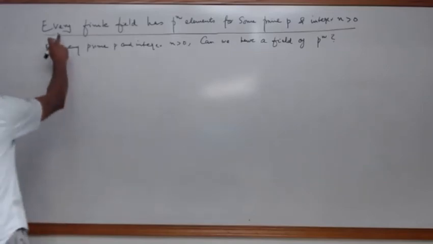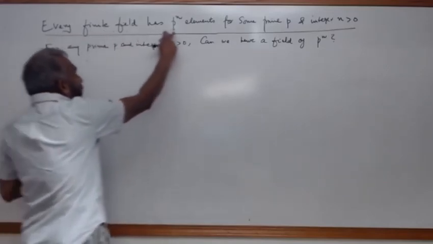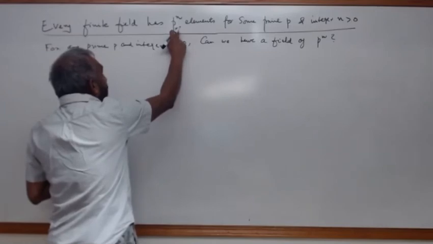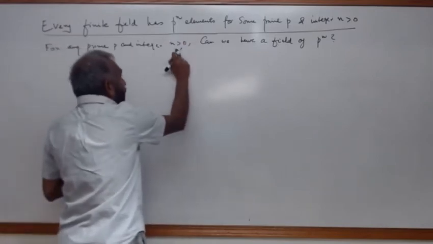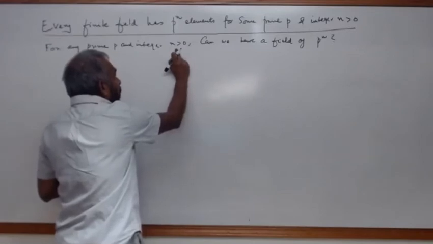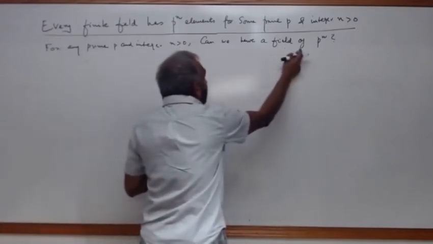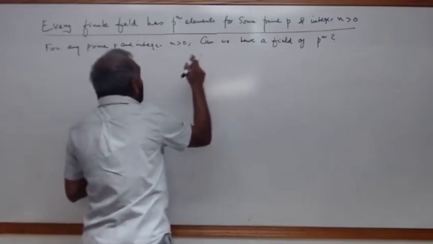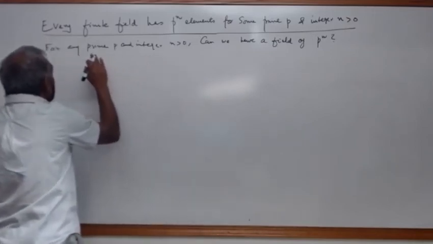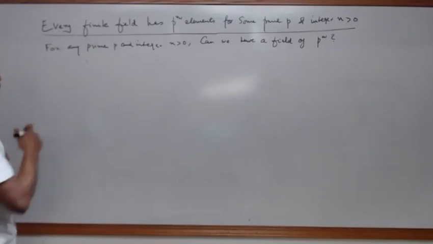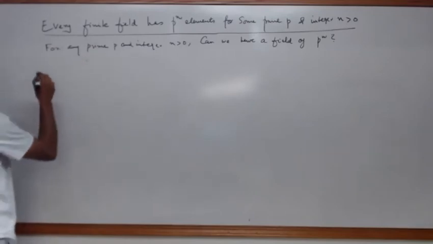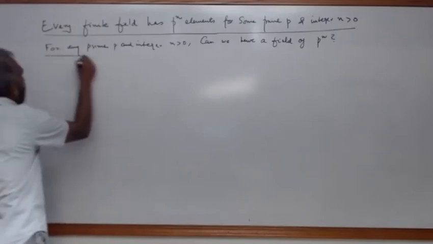We know that every finite field has got p to the power of n elements, but that does not mean that if you take any prime and any n greater than 0, we can definitely create a field of p to the power of n. Do that kind of fields exist? That is a question. So let us see whether we can do it or not.